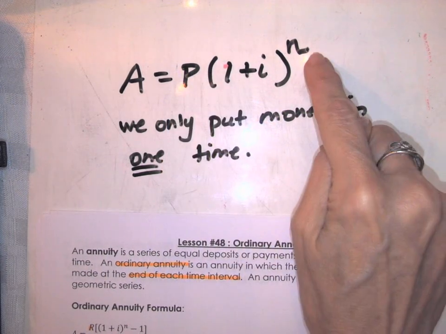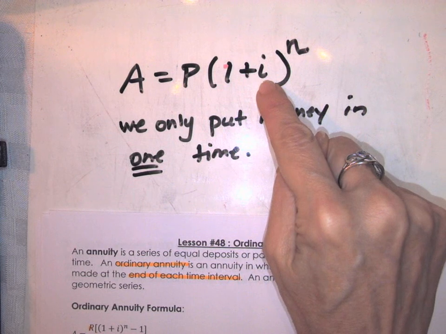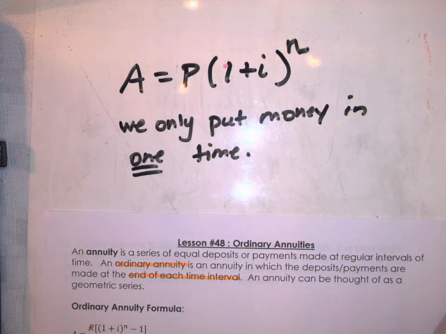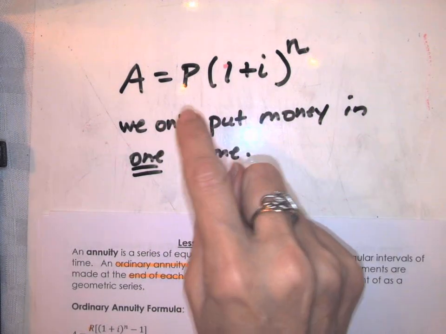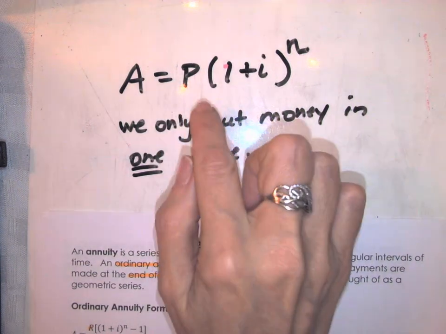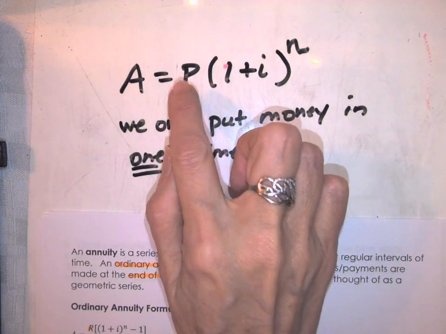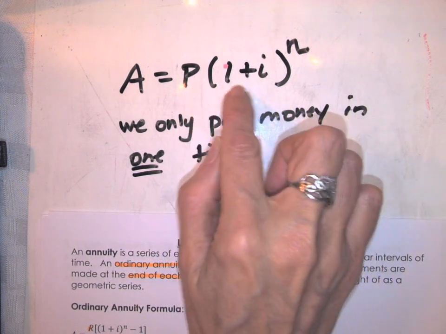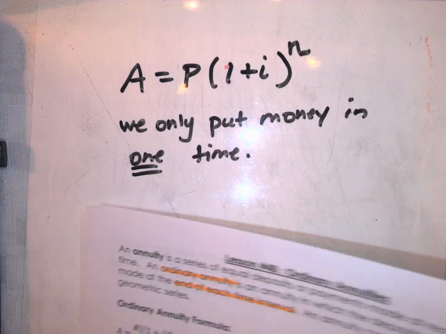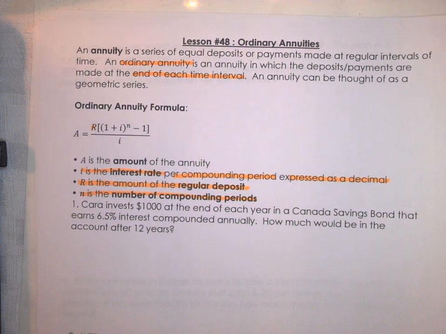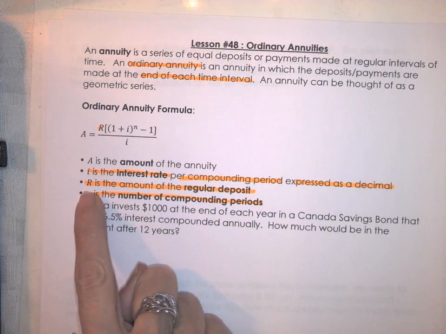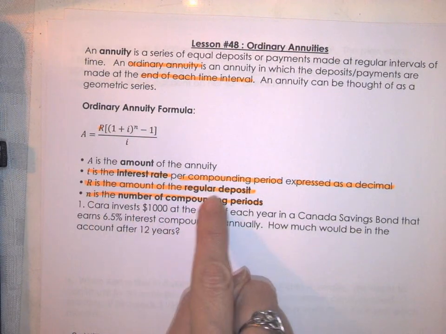We invest it for a number of compounding periods with an interest rate, and we leave it there, and then after a certain amount of time we see how much there is in the account. It's more than if we just put that principal under our mattress, where it would stay the same, but because of compound interest our amount increases with time. So with ordinary annuities, we're not just putting an amount in one time, we're putting it in regularly. That's why we use R instead of P, because that's our regular deposit.